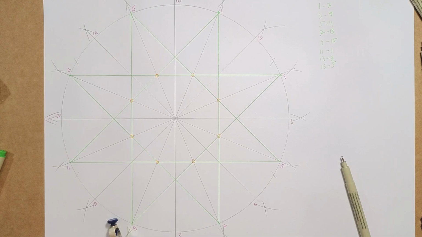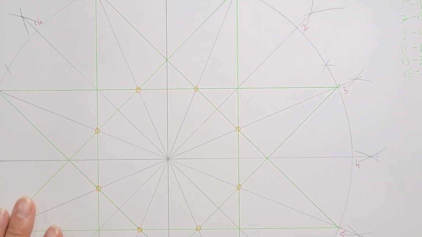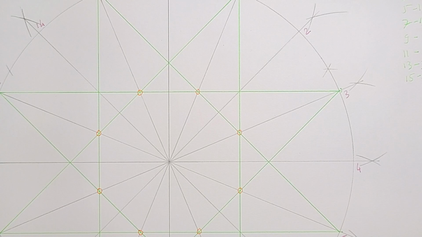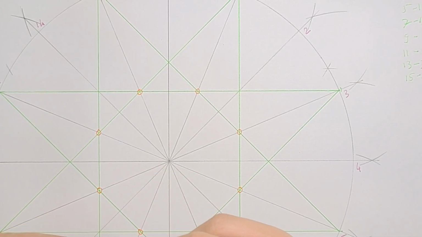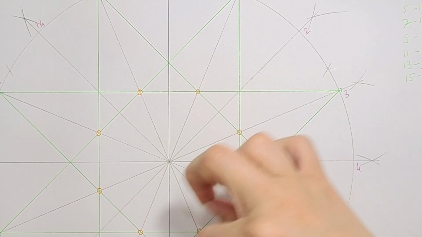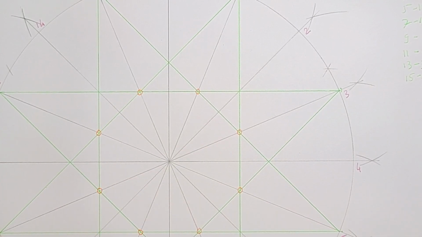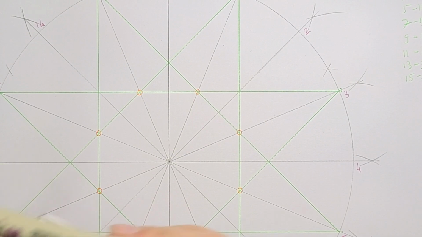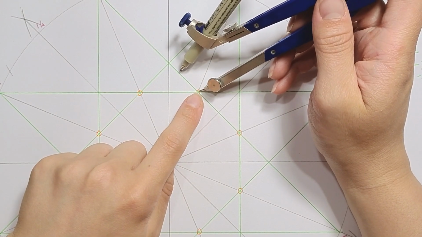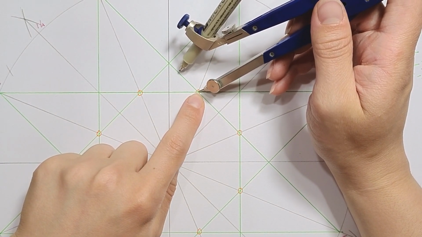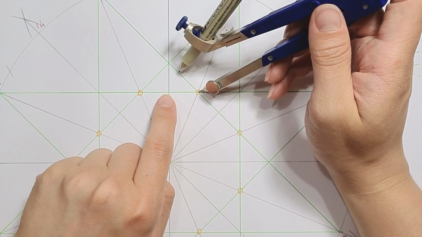I'm going to show the first circle. So this star situation is very convenient because it's giving us everything we want to be able to draw the tangent circles, meaning that we have our centers and they are already linked together in a straight line that goes through the symmetry axis.